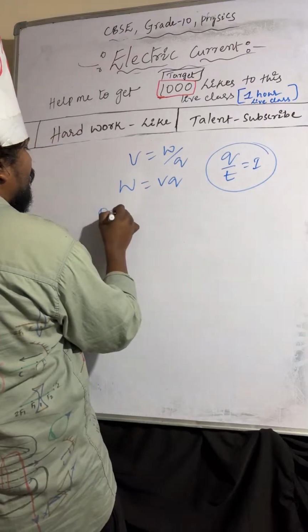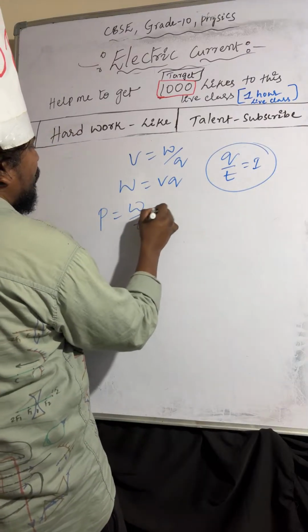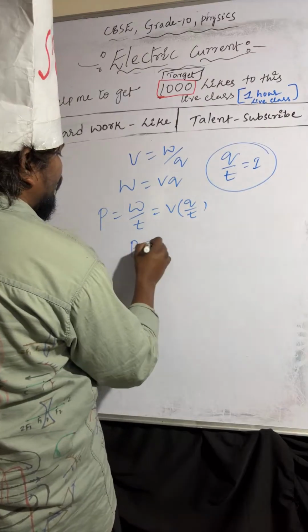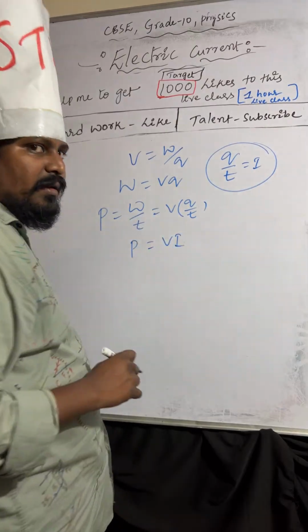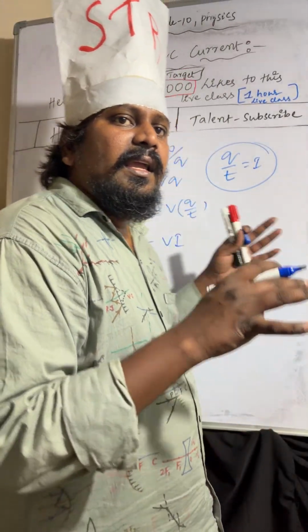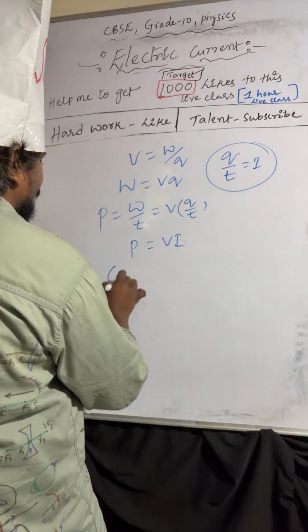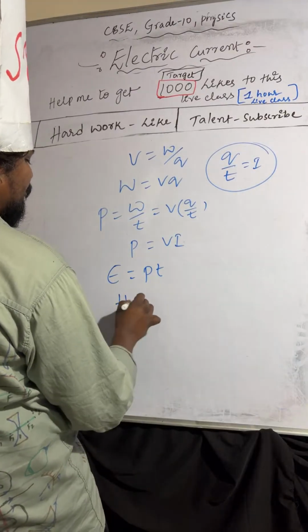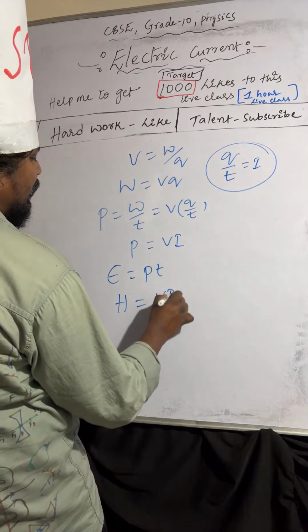So P equal to W by t, V into Q by t, that is I, so P equal to VI. So energy given to the conductor equal to P into t, so H equal to VI into t.